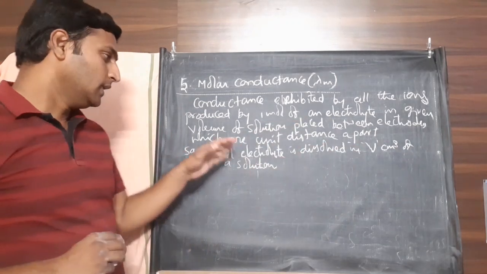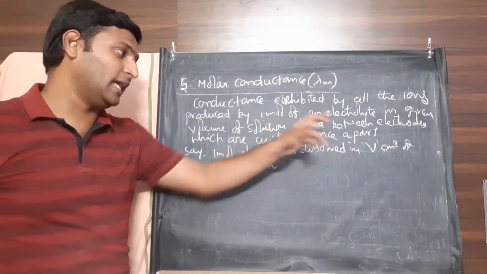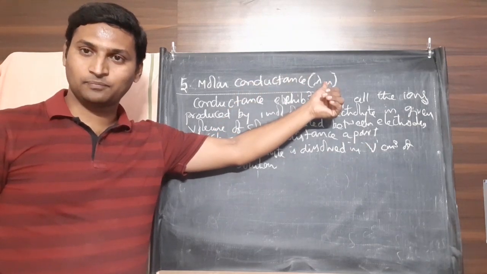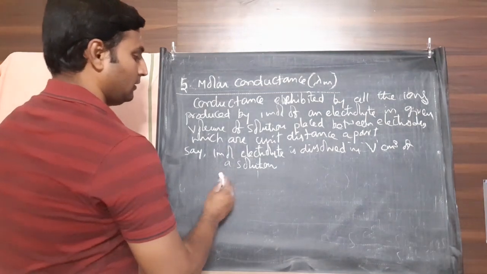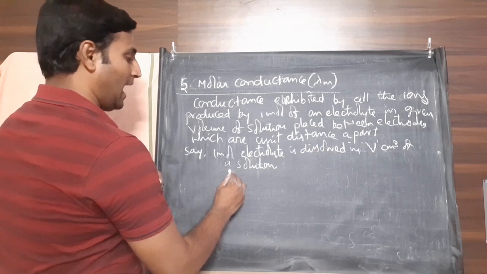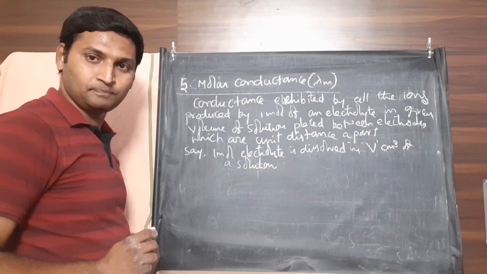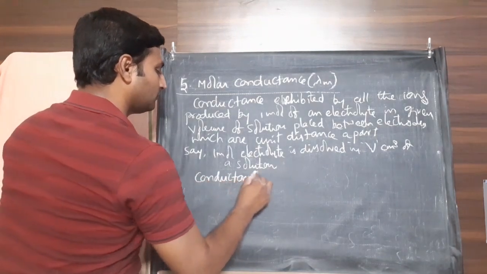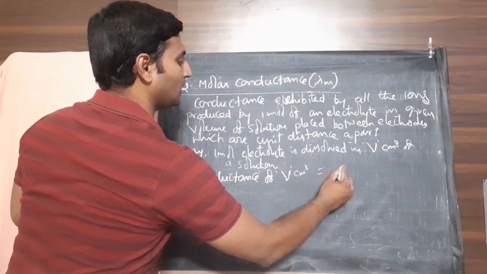Now, the conductance exhibited by this 1 mole of an electrolyte in this V centimeter cube of a solution is called molar conductance, right? That's why I can say lambda m is equal to conductance of V centimeter cube of solution. Therefore, conductance of V centimeter cube is equal to lambda m.